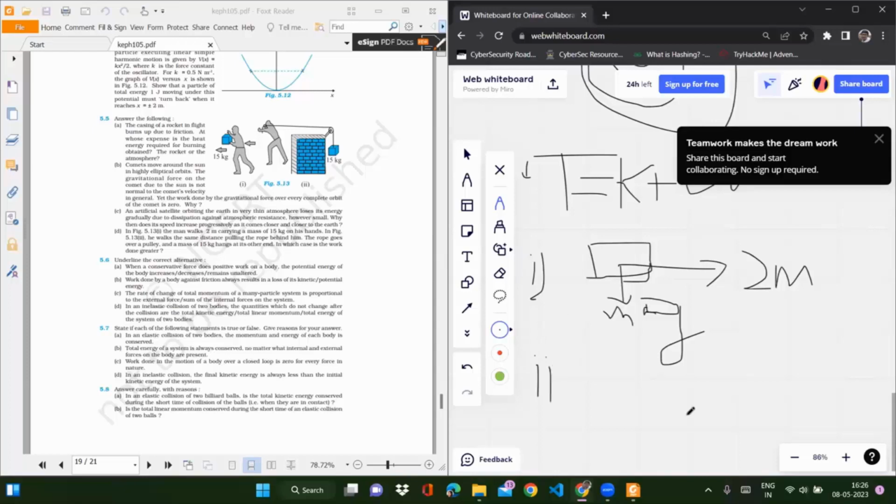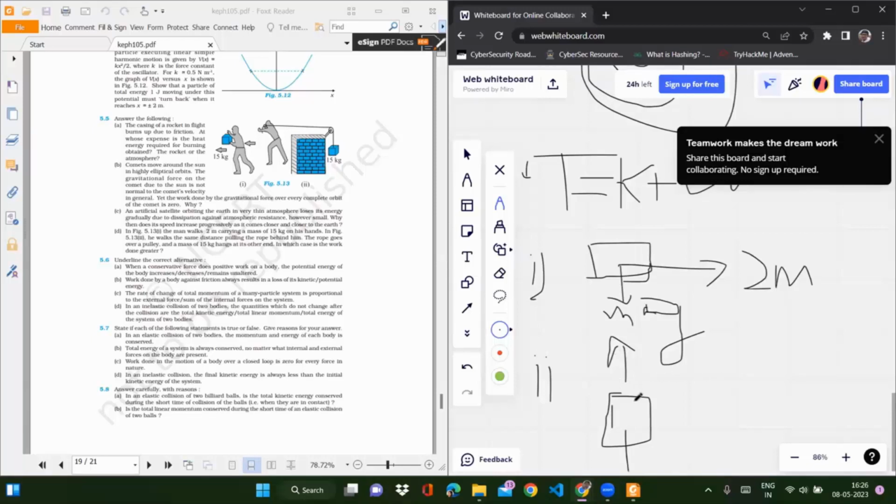But in the second case, the block is being lifted by the man. As he's lifting, he applies a force horizontally, but over the pulley, the rope applies a force on the block upward, and the displacement is also upward. So the force and the displacement are in the same direction.